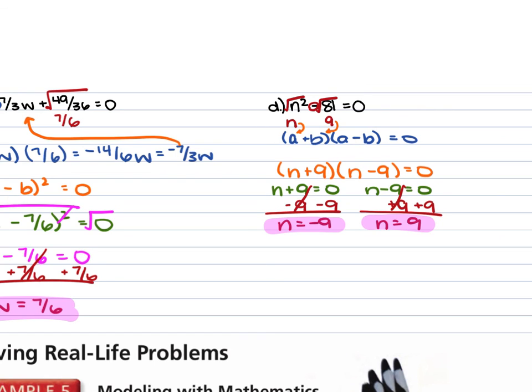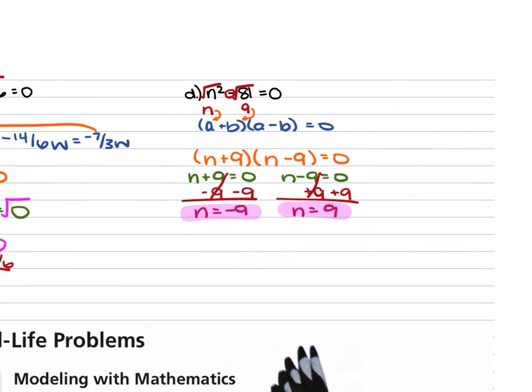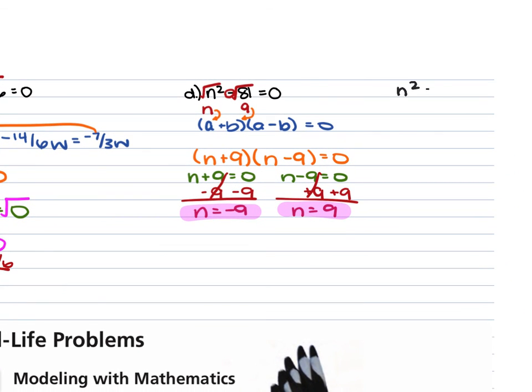Now, there is another way of doing this problem as well. So we started with n squared minus 81 is equal to 0. You could have also gotten n squared by itself, since it's just a binomial and that other term within the binomial doesn't have a variable attached to it.